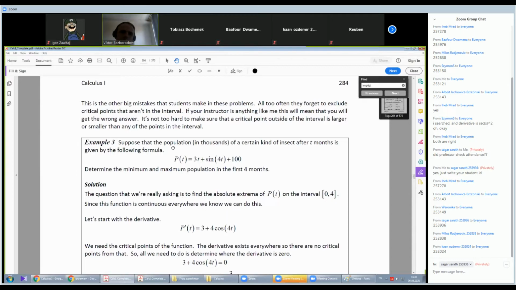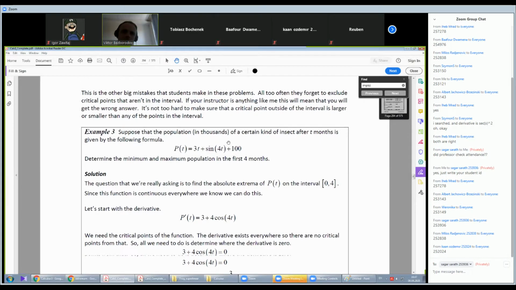Okay, then this can be formulated as a problem. Suppose that this represents a population size of a certain species. What is the minimum and maximum in the first 4 months?